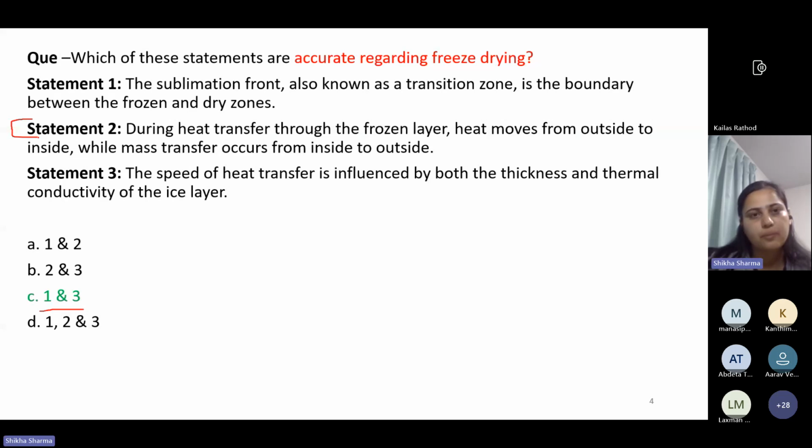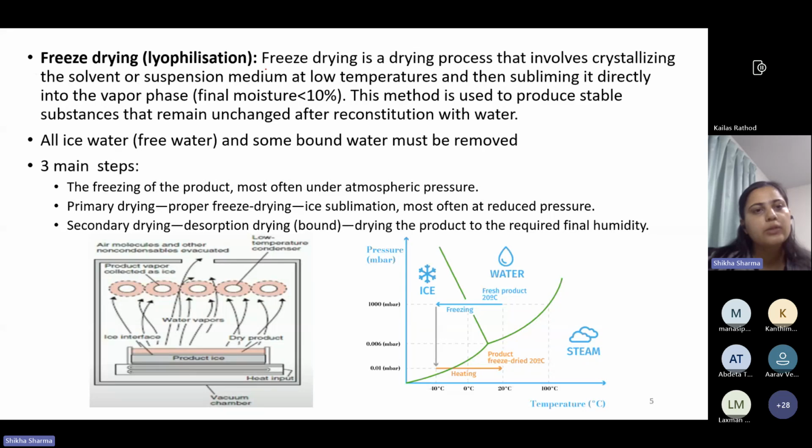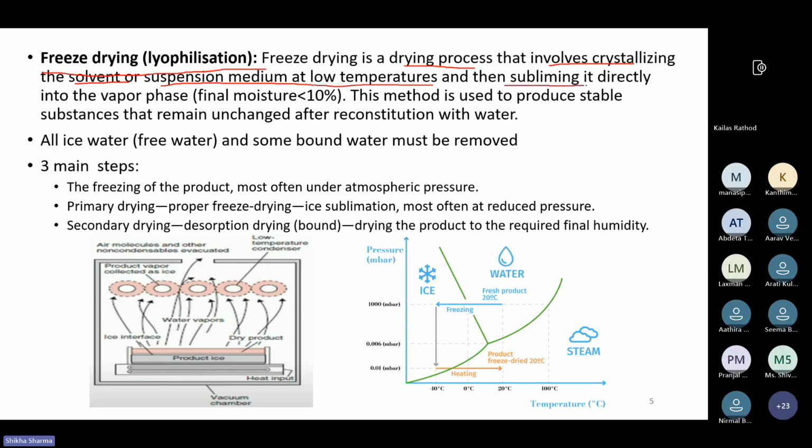Usually, the basic concept of freeze drying, let's discuss first, and then we will understand why these options are correct or incorrect. Freeze drying, which is also known as lyophilization, is basically how we dry our food product. In that, there is a crystallization of the solvent or the suspension medium at low temperatures, and then sublimation.